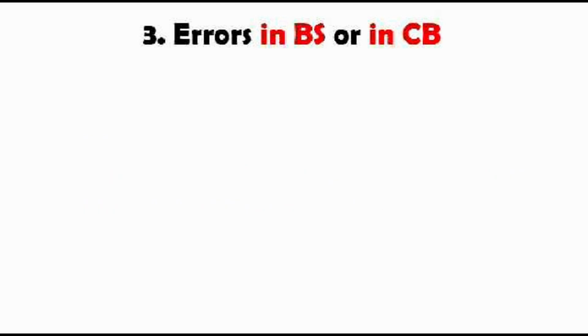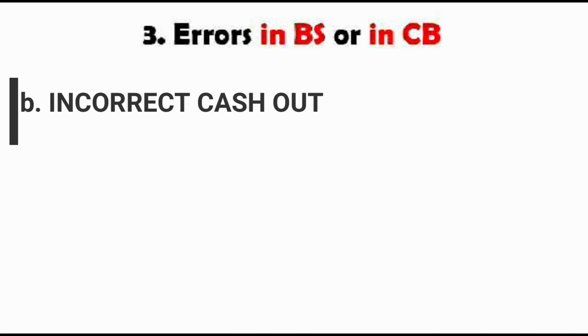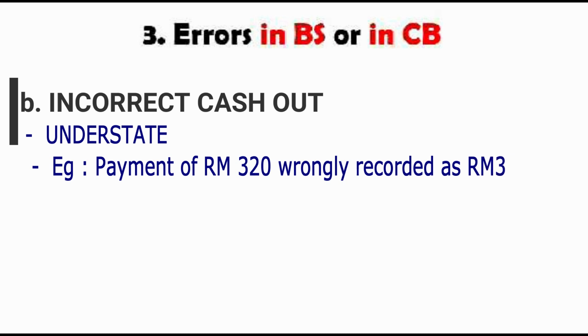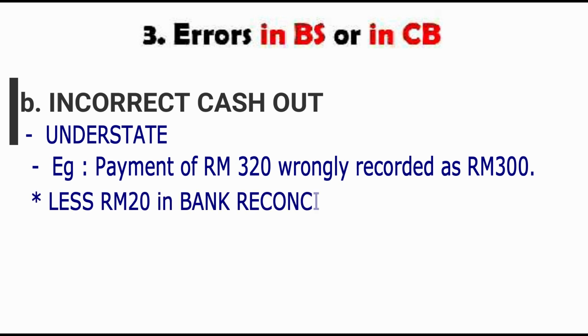Okay. In that situation, cash out understated. This is where a payment of 320 ringgit Malaysia is wrongly recorded as 300 ringgit. What you have to do here is you need to less 20 ringgit in bank reconciliation.